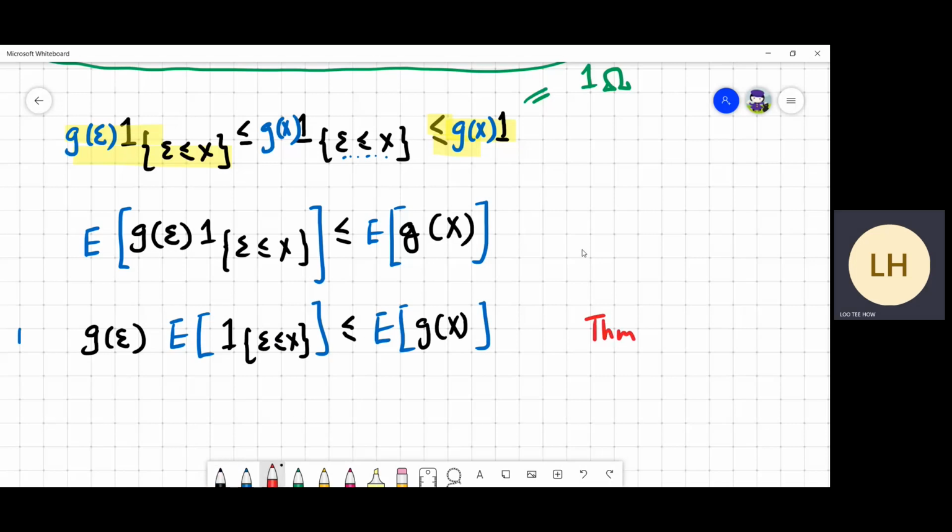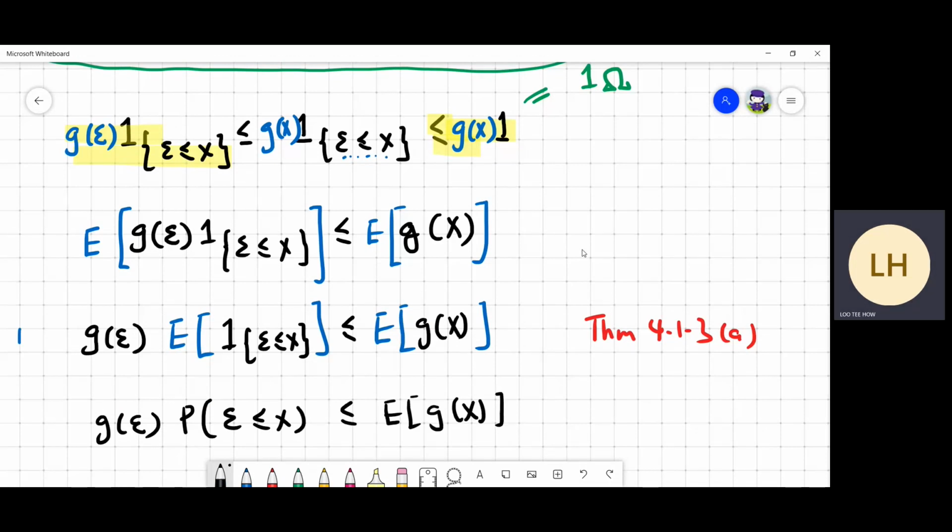Just a remark: we have used theorem 4.1.3a. Next, for this one, we use theorem 4.1.3b. So it becomes G of epsilon times P of X greater or equal to epsilon is less or equal to E of G(X). The right-hand side remains unchanged. Here we applied theorem 4.1.3b on the left-hand side to get this.